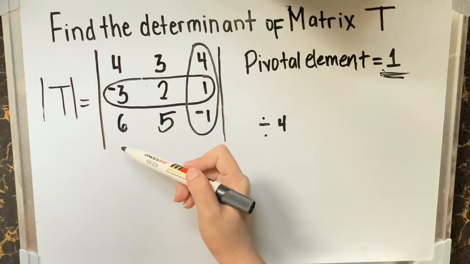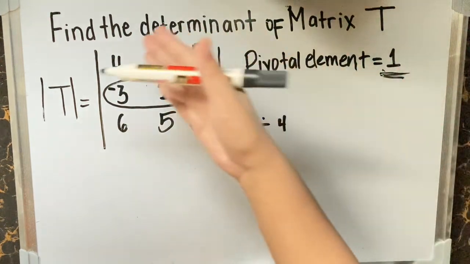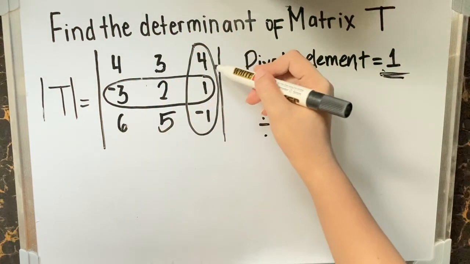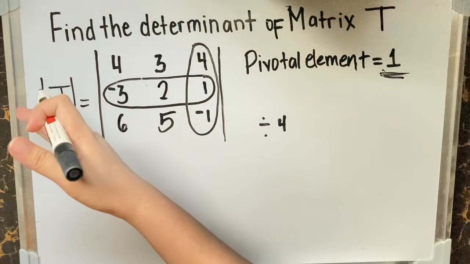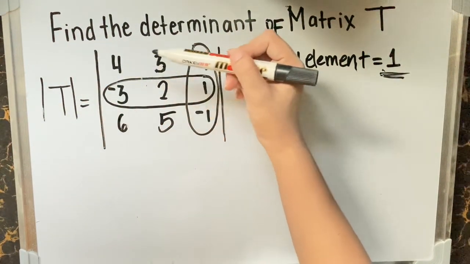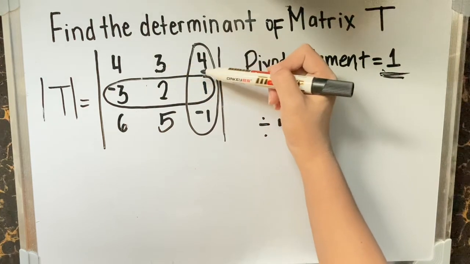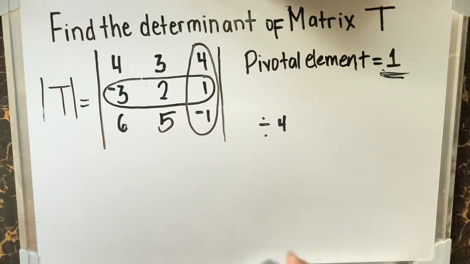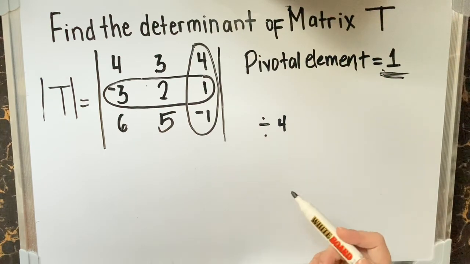And this will become 3 halves. Kung pinili naman natin itong row na to, we'll have 4 outside the determinant, and then this will become 1, 3/4, and also 1. Okay, that's how you choose a pivotal element on the determinant that doesn't contain the unity element 1.